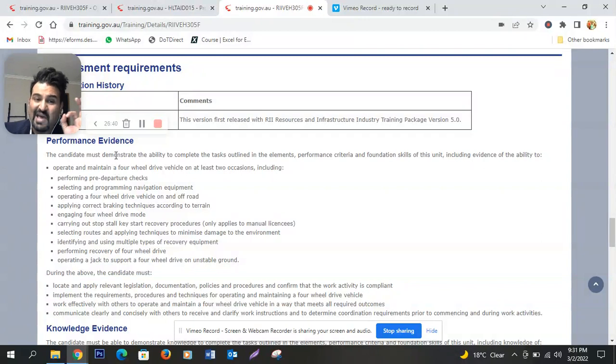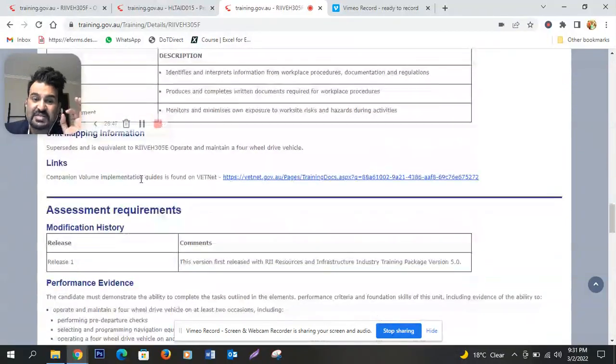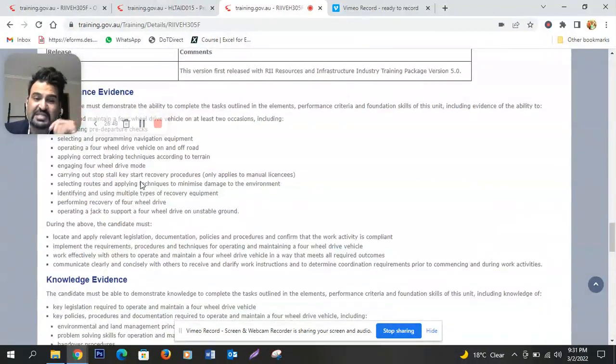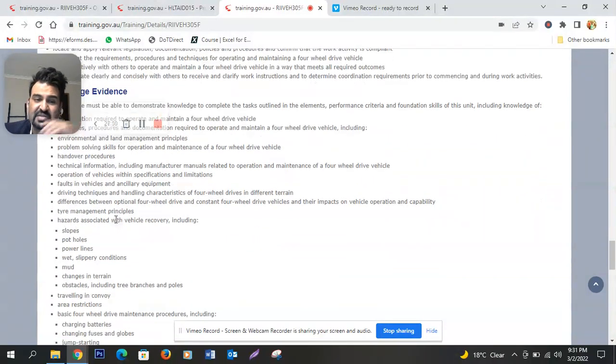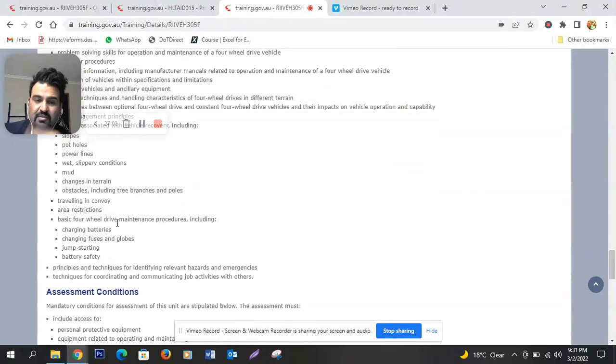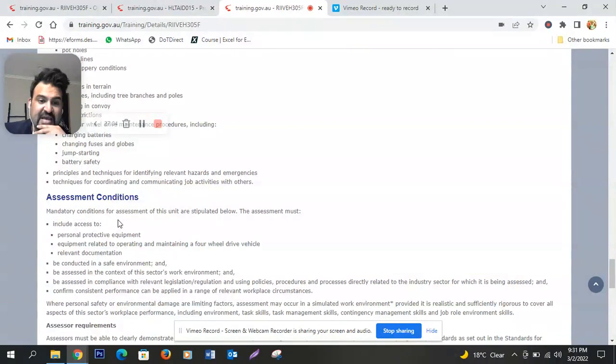PE is performance evidence, PC is performance criteria, which is tonality, and KE is knowledge evidence, which I always say to write your assessment questions, theory questions around. You won't fail.